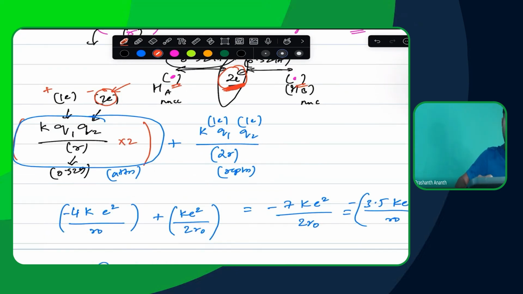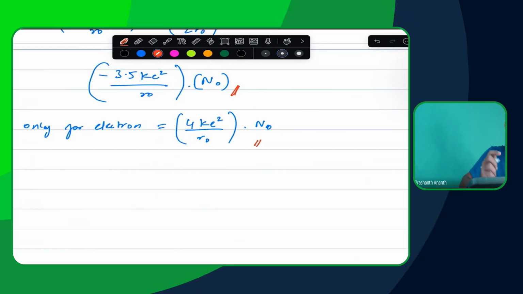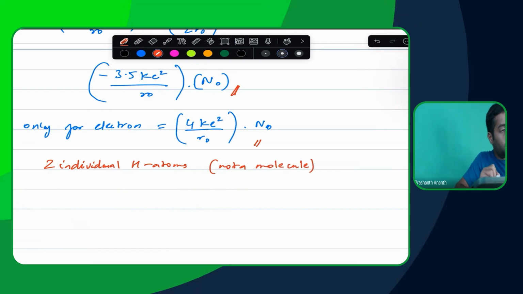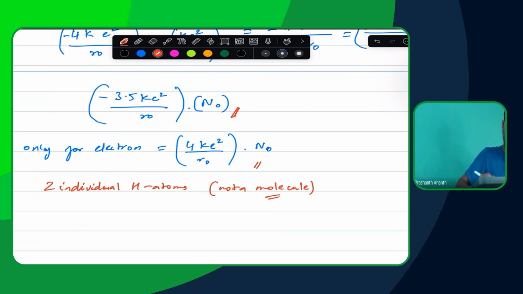So what they have done is acceptable from the point of view of two individual hydrogen atoms, not a molecule. So if I'm considering them as two individual hydrogen atoms and not as a molecule, then in that particular case, this is all acceptable.